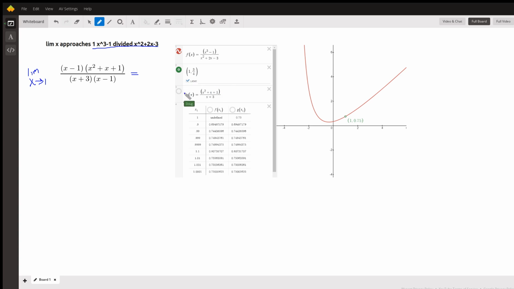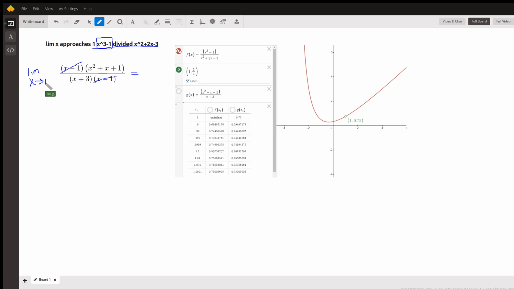But if I factor this difference of cubes like this, x minus 1 times x squared plus x plus 1, and if you don't know how to factor a difference of cubes, you should look that up and review it. But when x gets close to 1, but not equal to 1, these two factors cancel out.